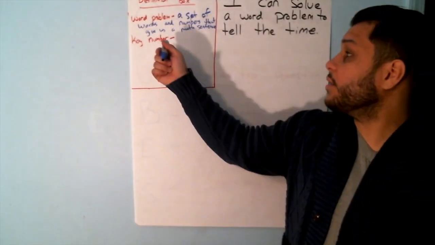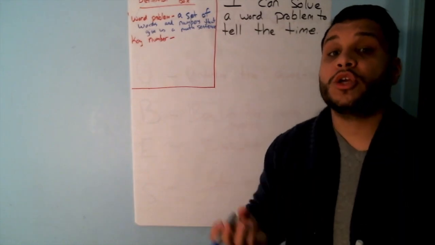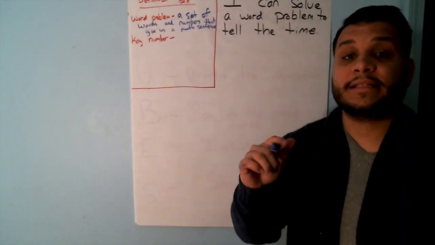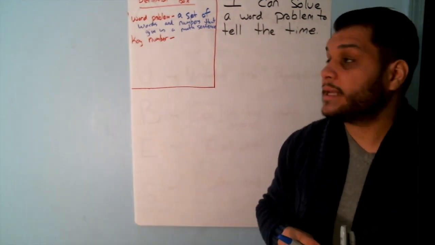And then we have the word key numbers. If we remember from our cubes acronym, C stands for, yes, circle the key numbers.